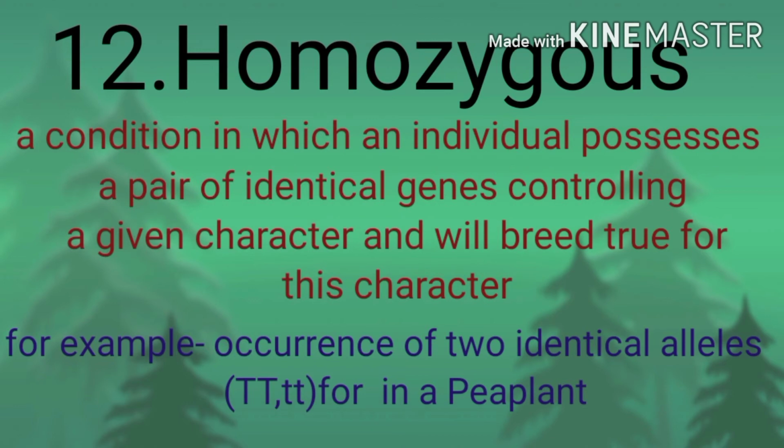Let us now define another term, homozygous. It is a condition in which an individual possesses a pair of identical genes controlling a given character and will breed true for this character. For example, occurrence of two identical alleles, capital T capital T or small t small t in a pea plant.